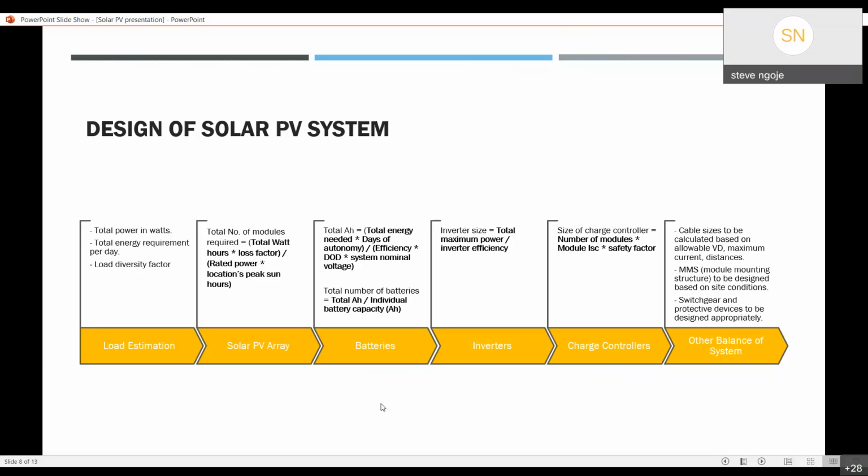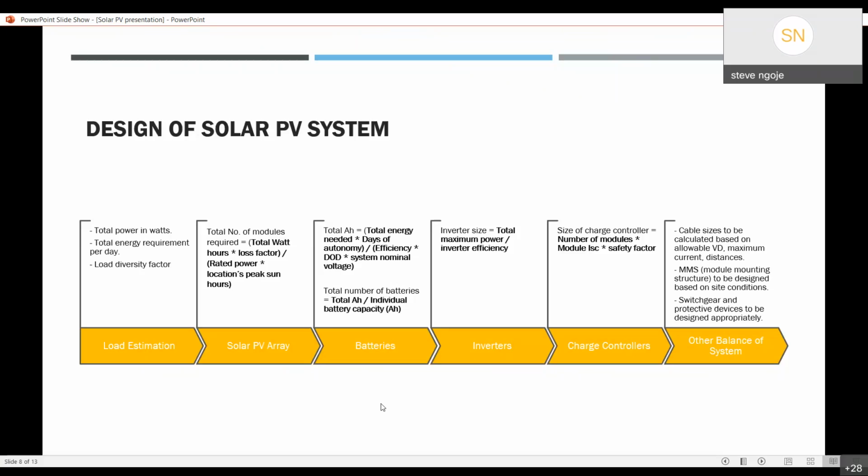And even if you're watching TV, you don't watch TV 24 hours. So what I'm trying to drive to is that you need to know the diversity factor. It's a ratio of your total loads and the probability of how many of them will be on at the same time.